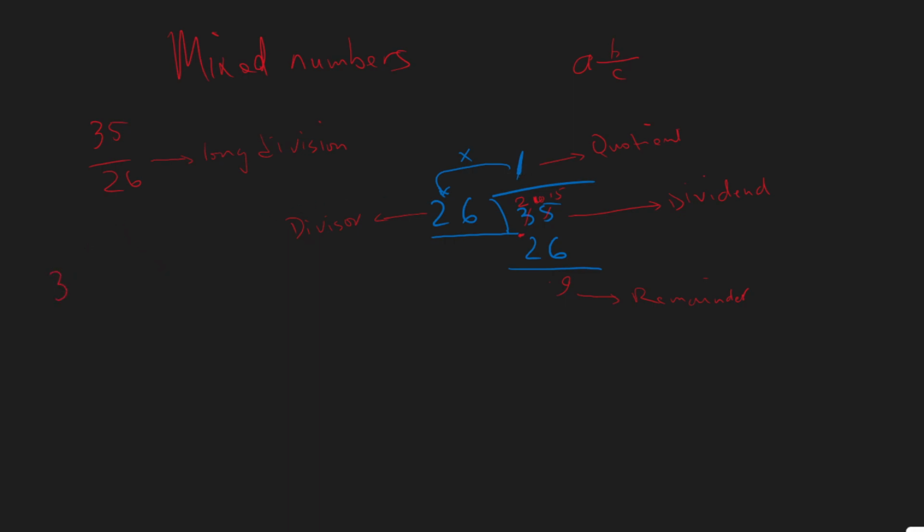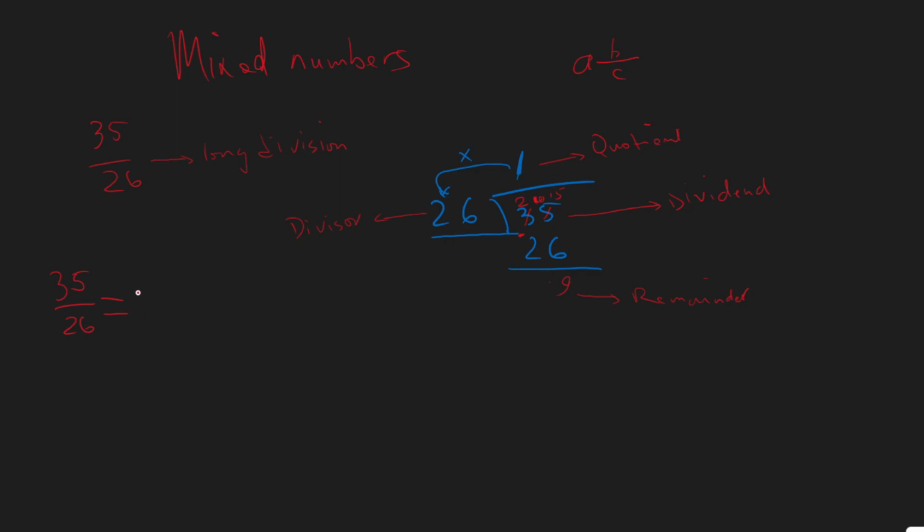This is 35 over 26, an improper fraction. We cannot leave it like that, because the numerator is more than the denominator. So we need to do something with it. The quotient is what you want.